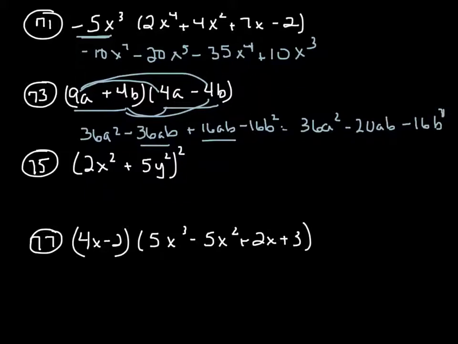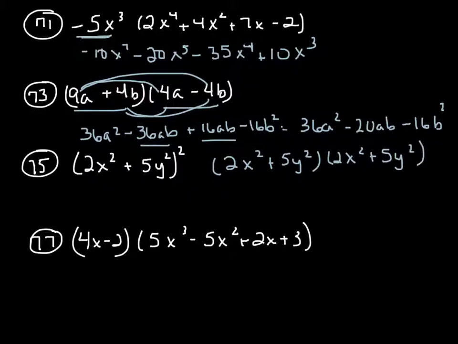In our next problem, we can either use the shortcut that we're supposed to know for how to square a binomial, or you can just FOIL. So if you don't remember that, then you could just write out 2x squared plus 5y squared times 2x squared plus 5y squared.